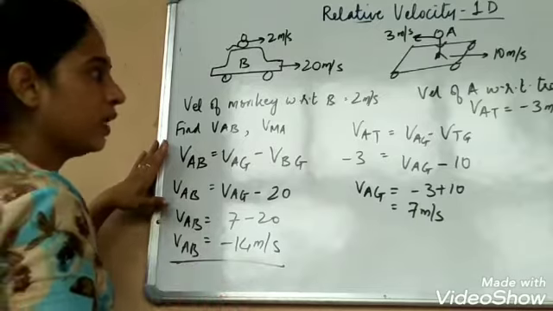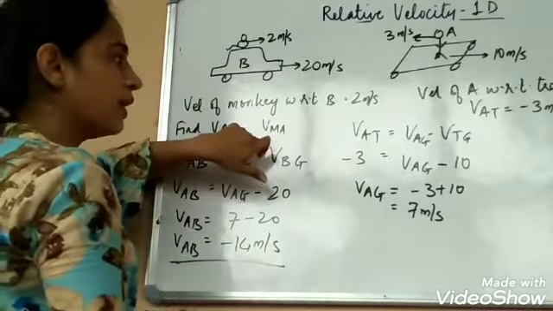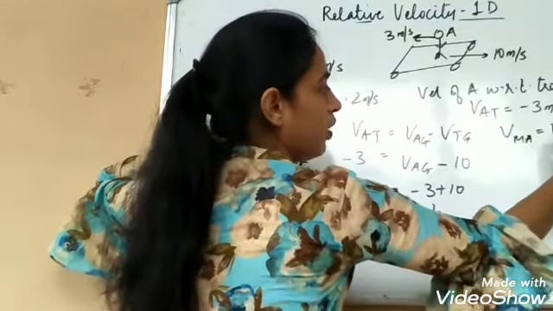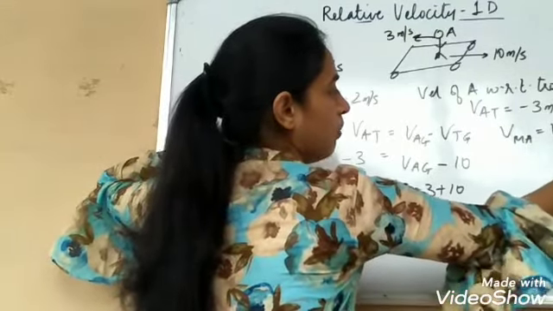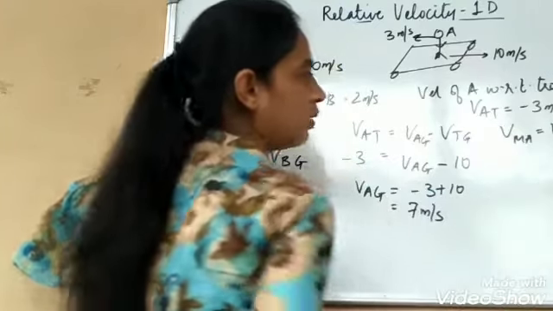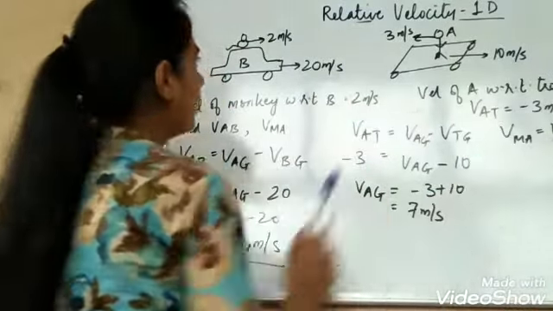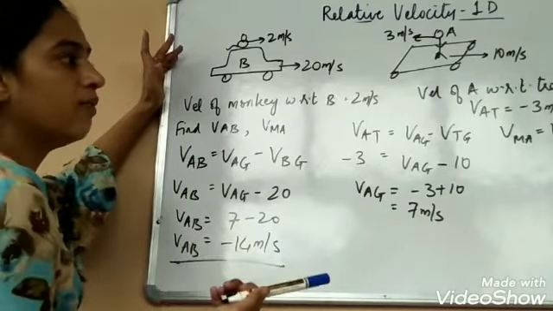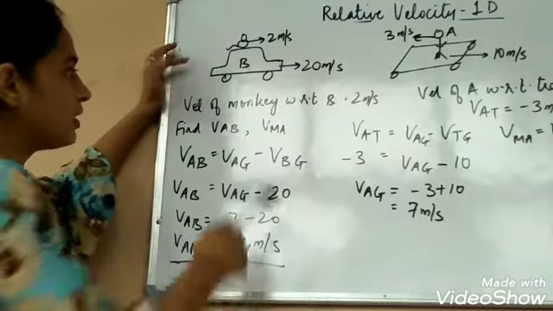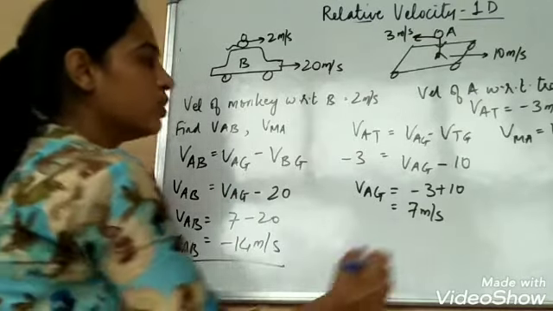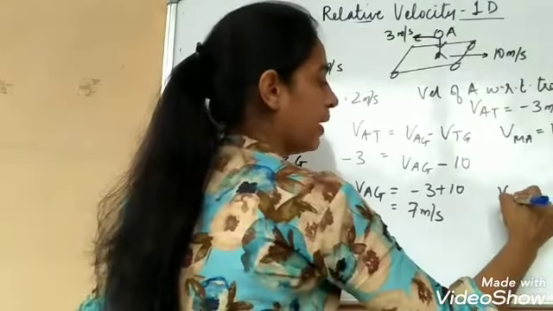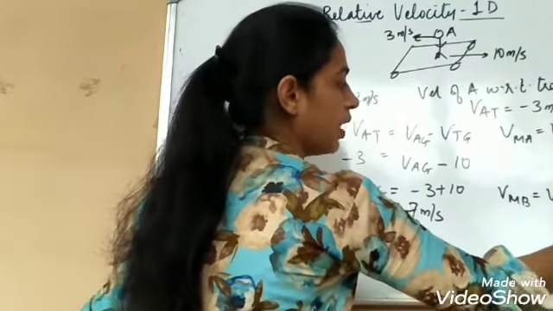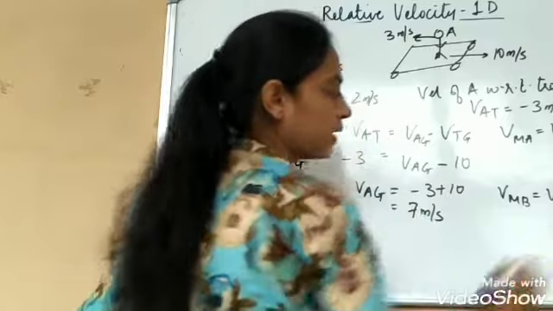Next is velocity of monkey with respect to A. Velocity of monkey with respect to A will be velocity of monkey with respect to ground minus velocity of A with respect to ground. Velocity of monkey with respect to ground we don't know, because what we know is velocity of monkey with respect to B. So velocity of monkey with respect to B is equal to velocity of monkey with respect to ground minus B with respect to ground.